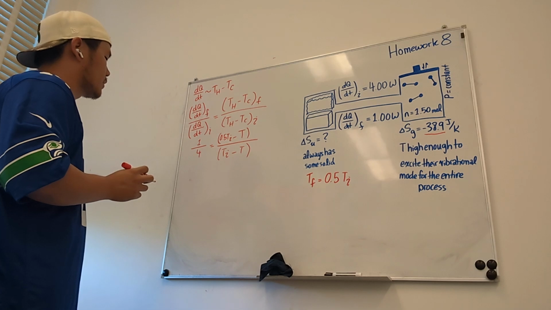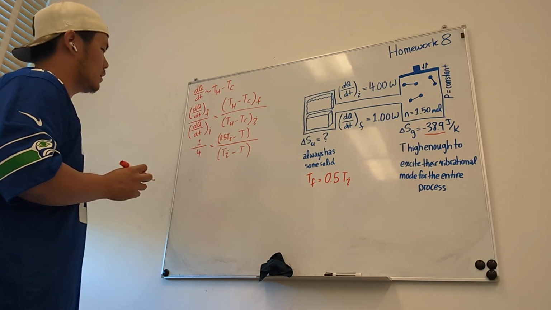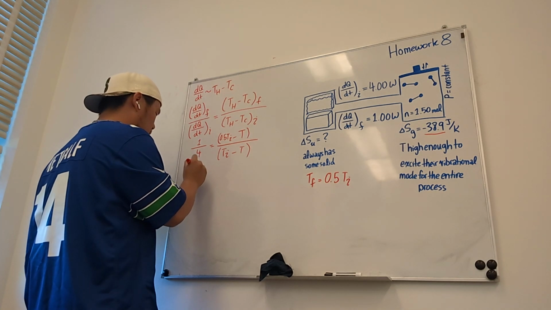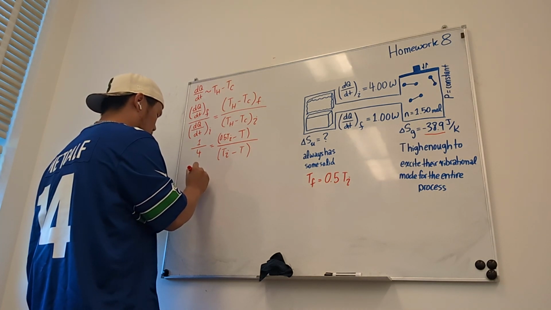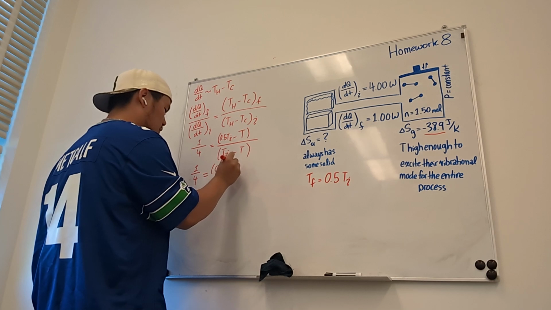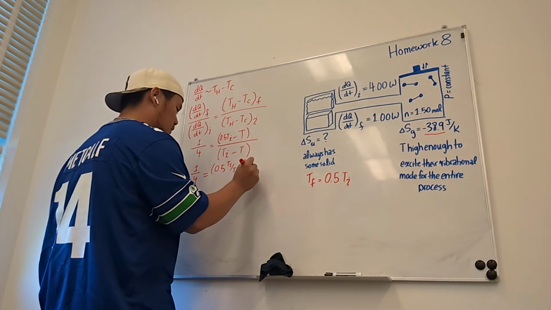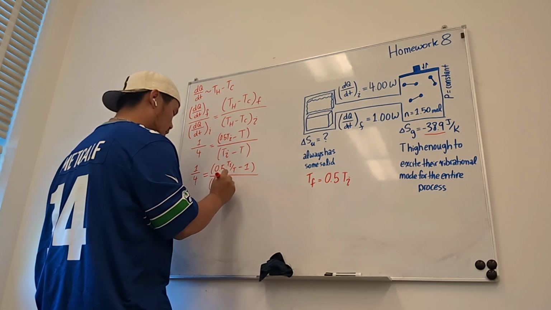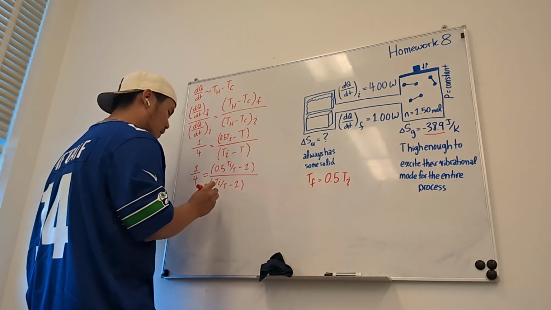Let's try to get rid of some terms. We're going to divide this whole side by T. 0.5 times Ti over T minus 1 over Ti over T minus 1. That cleans it up a lot.